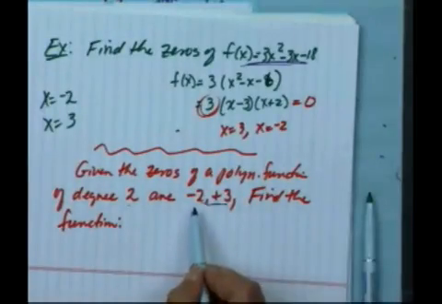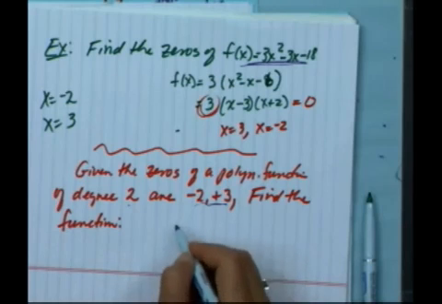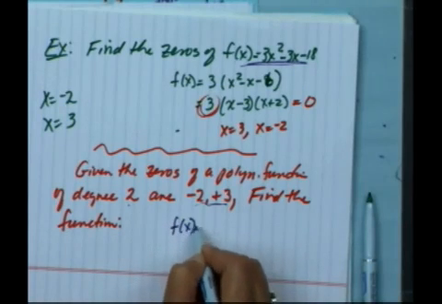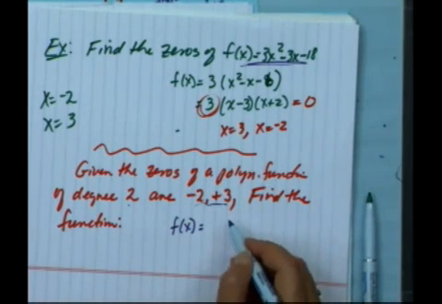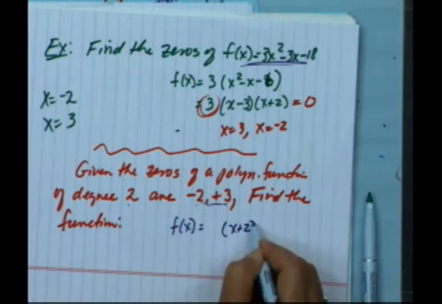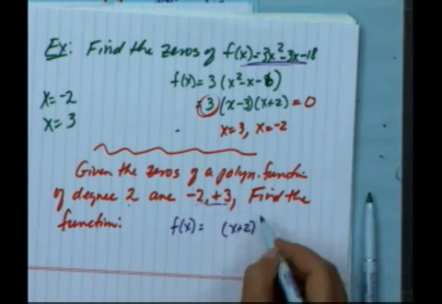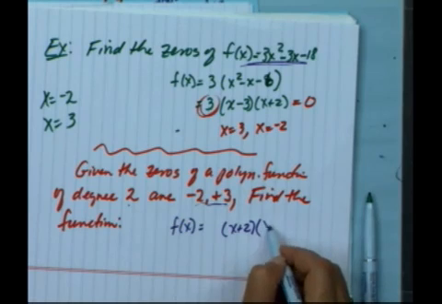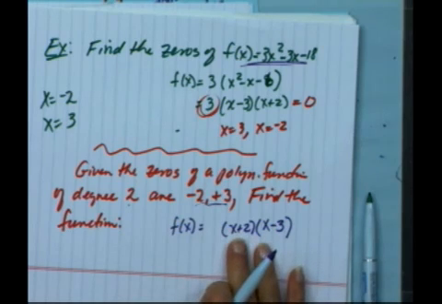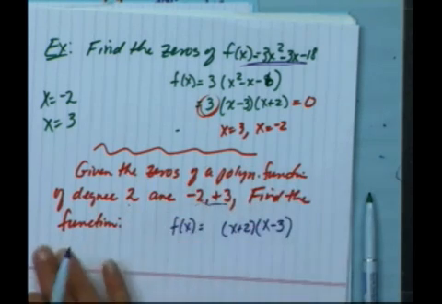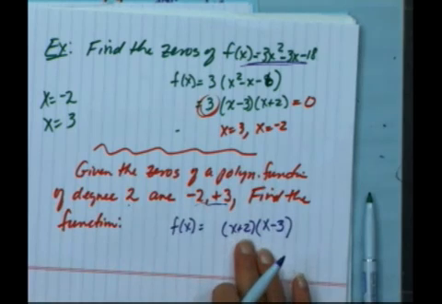All right, so we just looked at the definition over here in the book. If -2 is a zero, what is a factor? X plus 2. If 3 is a zero, another factor is x minus 3. But how do you represent all polynomial functions with these zeros?